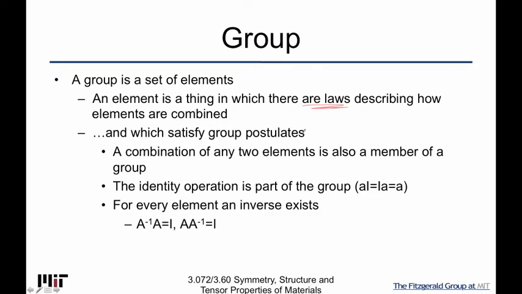So these elements will satisfy group postulates. These are the laws, right? And a combination of two elements is also a member of a group. This is what I was just talking about. So if you have a full group and it's not a subgroup, then what it means is that if you have operators in that group, if I'm choosing to, because group theory is general, you could have numbers in there, you can have operators in there, you can have whatever.